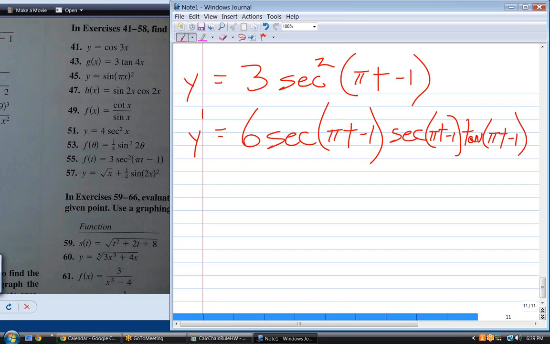So there's the derivative of the outside. There's the derivative of the inside, but there's another inside. So times pi. I'm thinking for a moment here. So it's just multiplied by 1 pi.